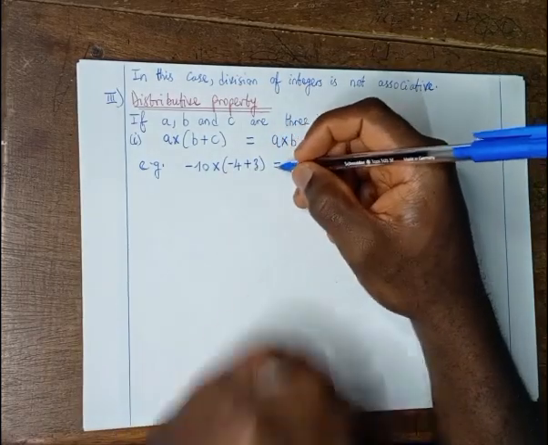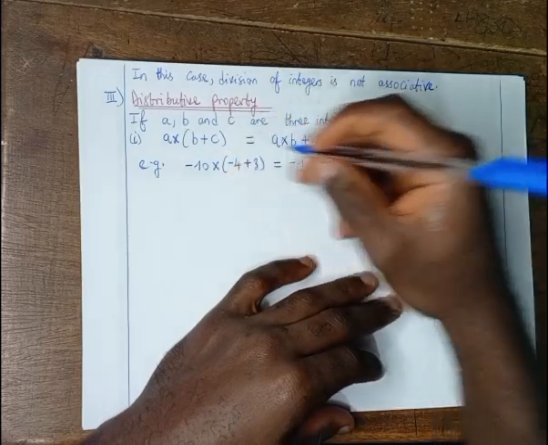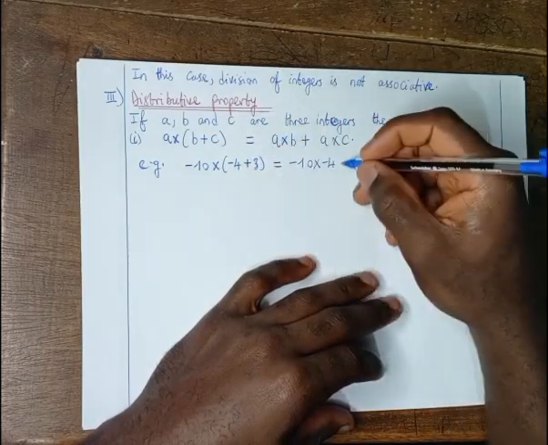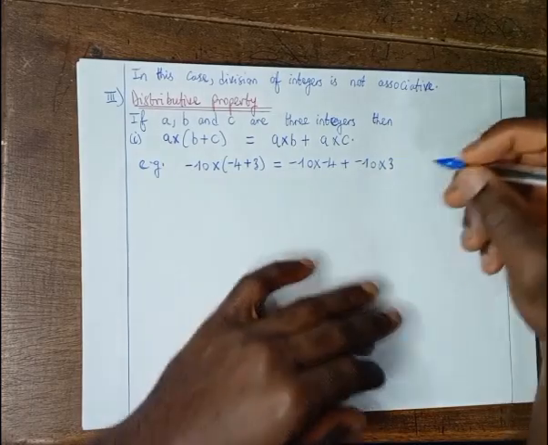This will simply be equal to negative 10 times negative 4 plus negative 10 times 3.